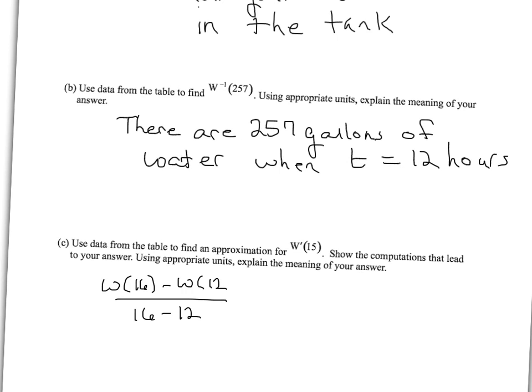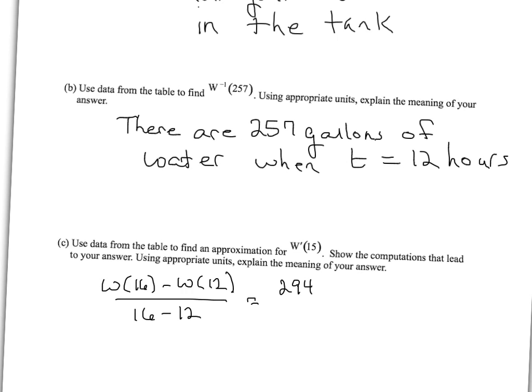I would always show this statement because that way if you pick up a wrong data point, this statement shows you knew what you were doing. You just read the chart wrong. So this needs to be shown, and then you can plug in the actual values.